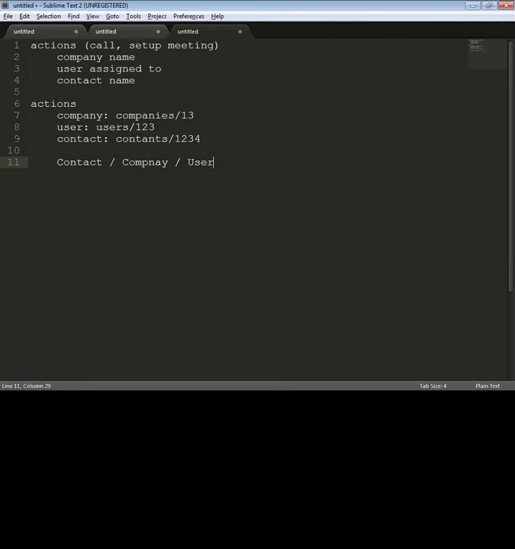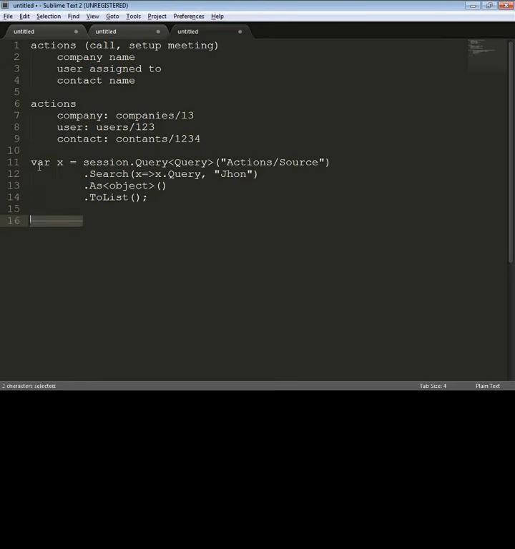Now, the important thing is that right now we're basically going to do session.query for, let's do it like this, and okay.